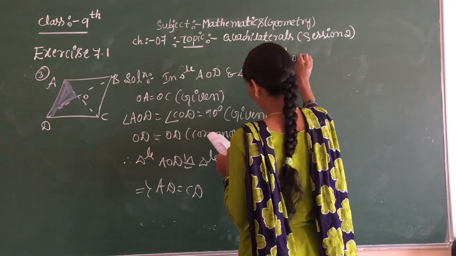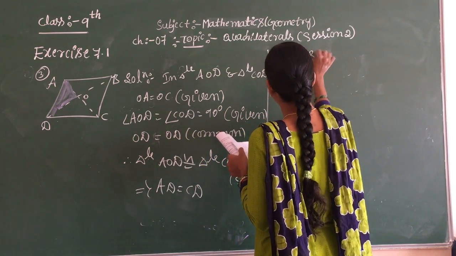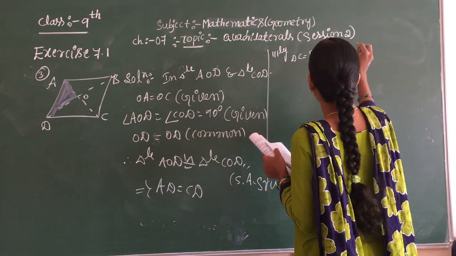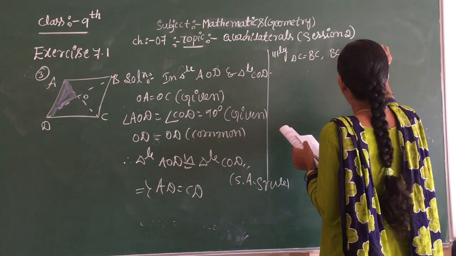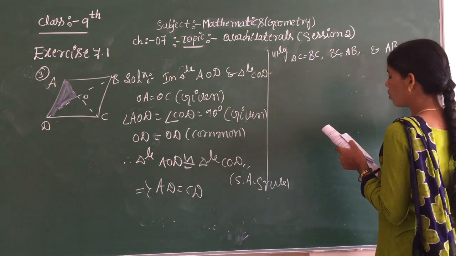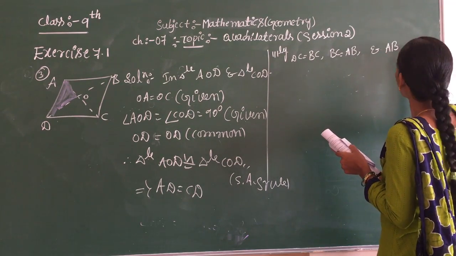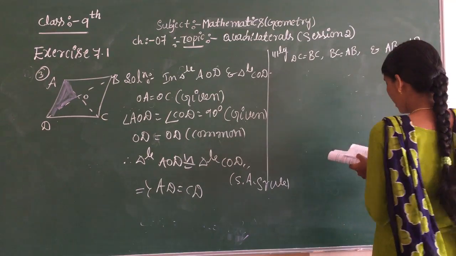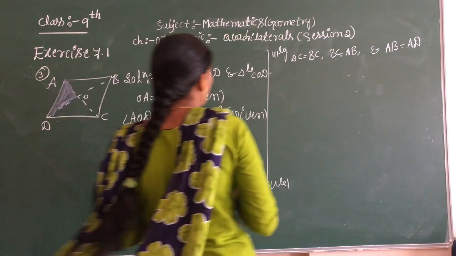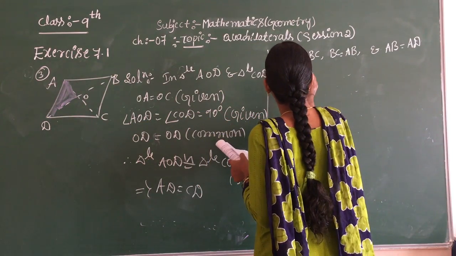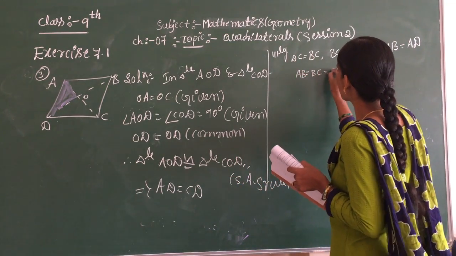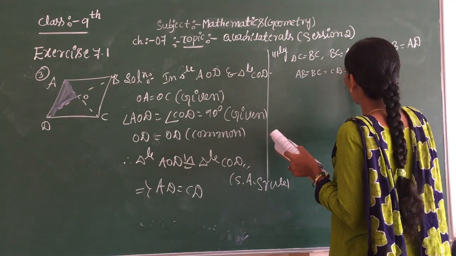Similarly, DC is equal to BC, and BC is equal to AB, and AB is equal to AD. So these all sides are equal. You see children, AB is equal to BC is equal to CD is equal to AD.